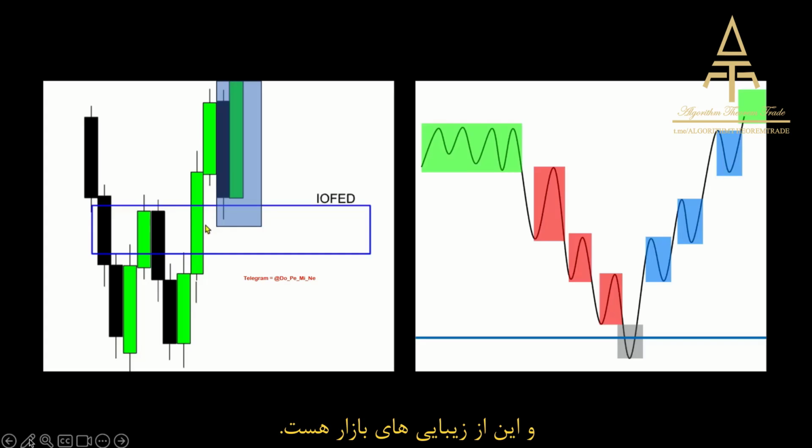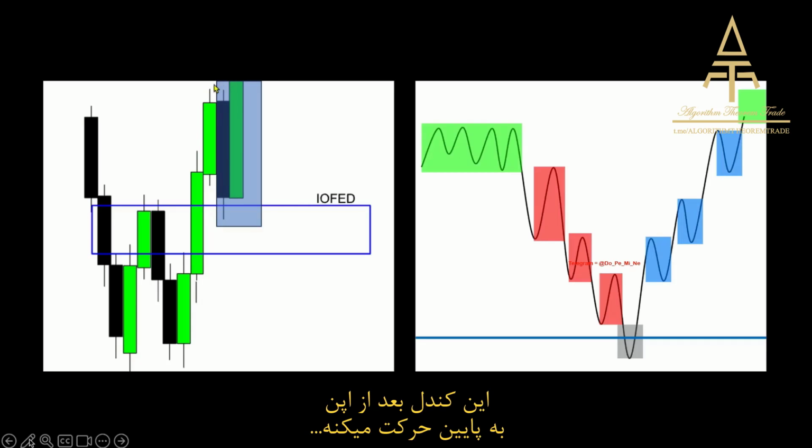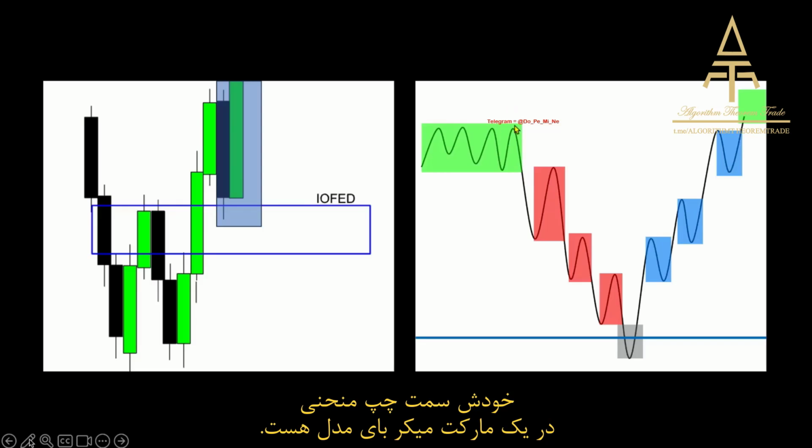If we zoom in on this delivery right here, on this down close candle and the candle next to it, you can see that equal highs get created here. Market then opens with this candle and trades lower. What do you think this looks like on the lower time frames? That delivery lower is the sell side of the curve within a lower time frame market maker buy model.